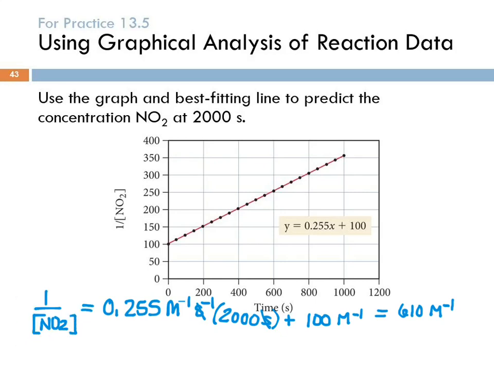So use that little 1 over x button on your calculator, and we get the concentration is going to be 1.64 times 10 to the negative third. And that fixes the unit too. Inverts that as well. Questions?